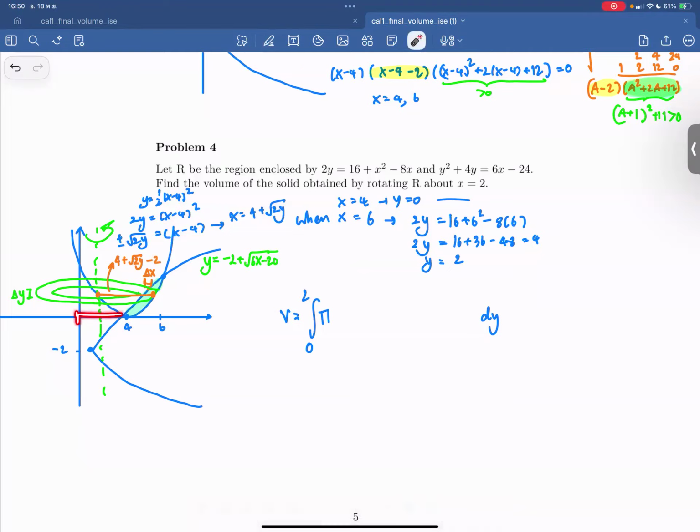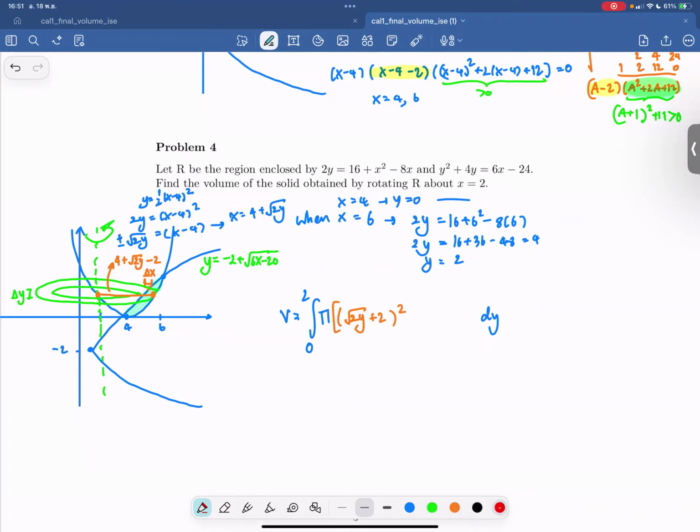Because from here to here is 4 plus square root 2y, and then we minus 2. So the outer radius is square root 2y plus 2, squared.